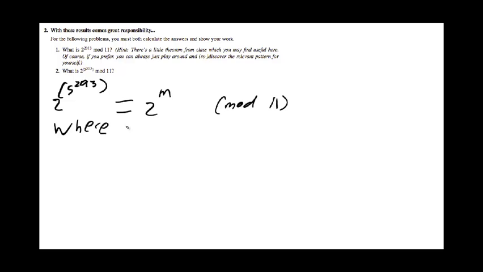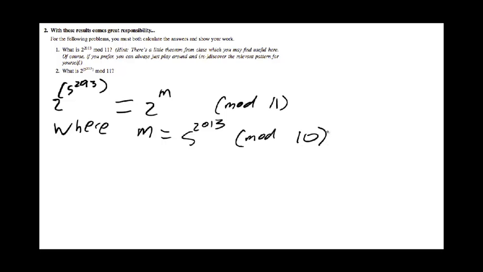For part 2 of problem 2, we're going to build upon this same idea. We know that 2 to the 5 to the 2013 is going to equal 2 to the m mod 11, where m equals 5 to the 2013 mod 10.